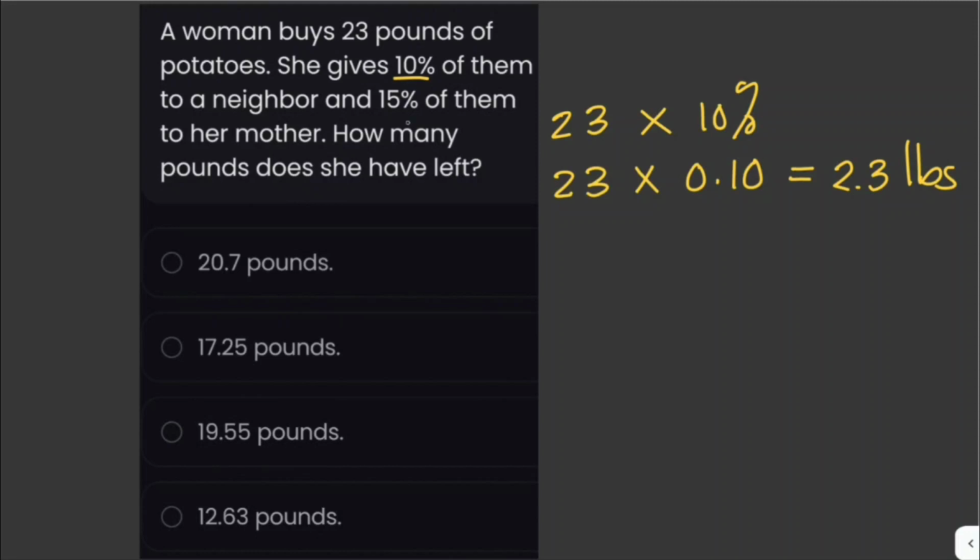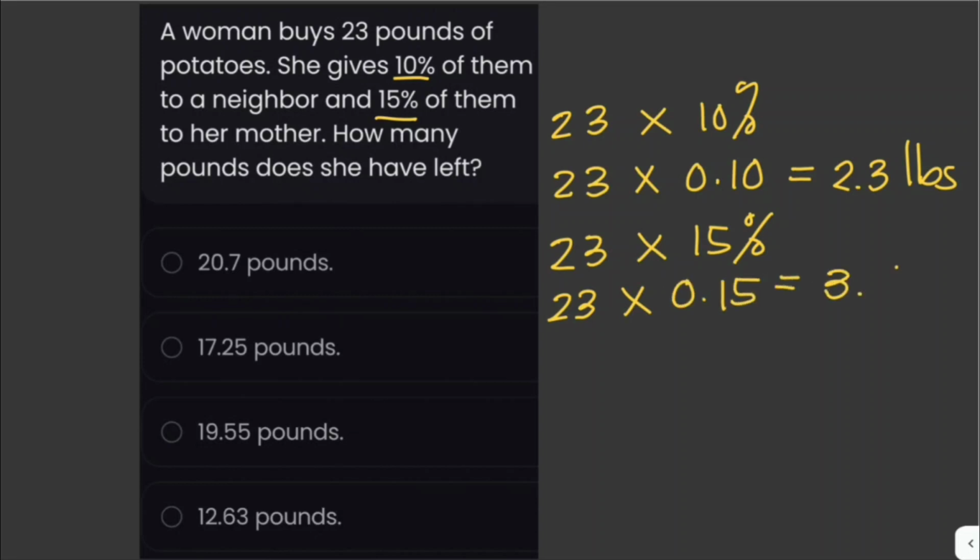And then the other one is 15%, the one she gave to her mother. So that would be 23 times 15%, or 23 times 0.15, which is just equal to 3.45 pounds. And now we can calculate the number of pounds the woman gave away.